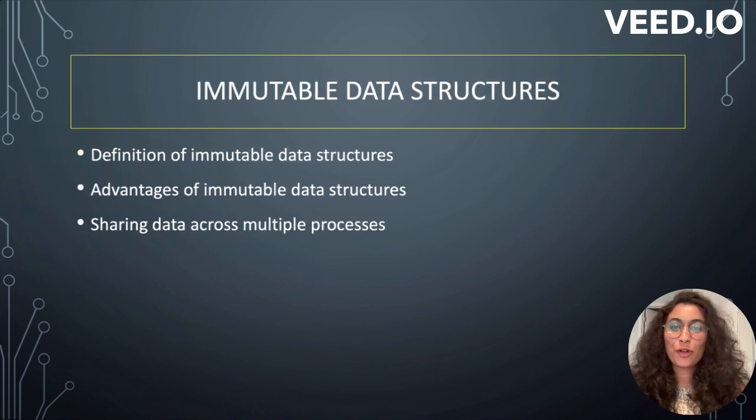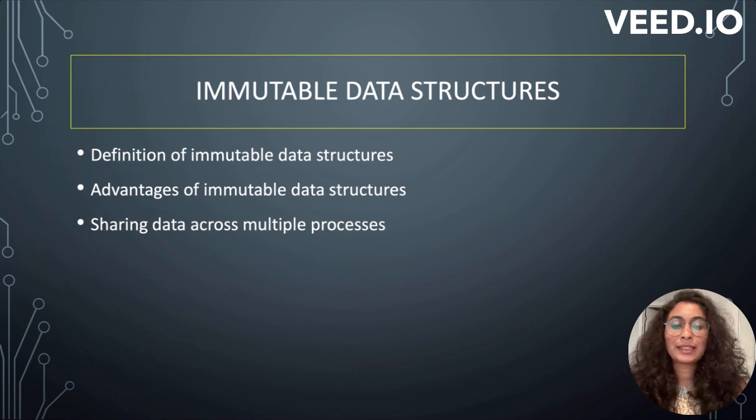So let's talk about immutable data structures. Elixir uses immutable data structures, and that makes it a more secure and robust system to use. Once you create any data structure, it cannot be modified or changed.